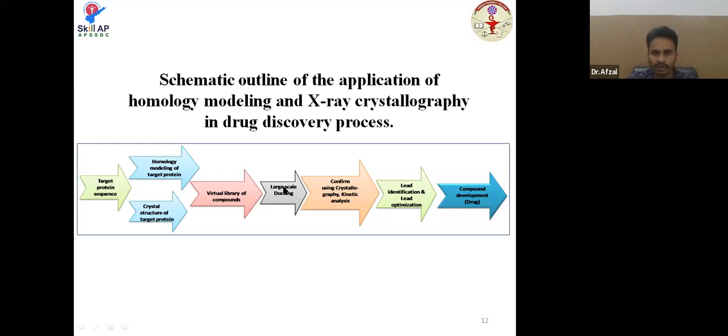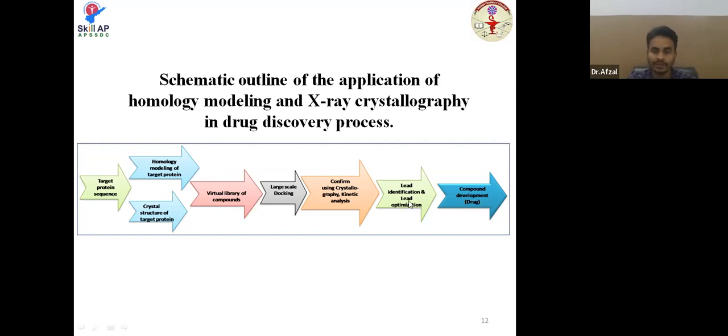After performing the molecular docking, you can confirm the best compounds using crystallographic as well as kinetic analysis. After identifying the best compounds through the kinetic analysis, we start identifying the lead molecule, and we also simultaneously optimize it.